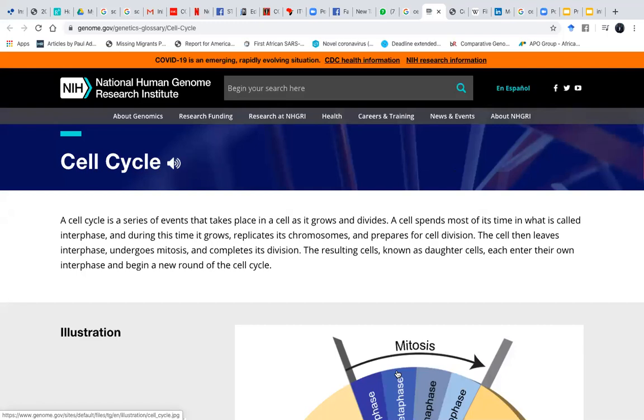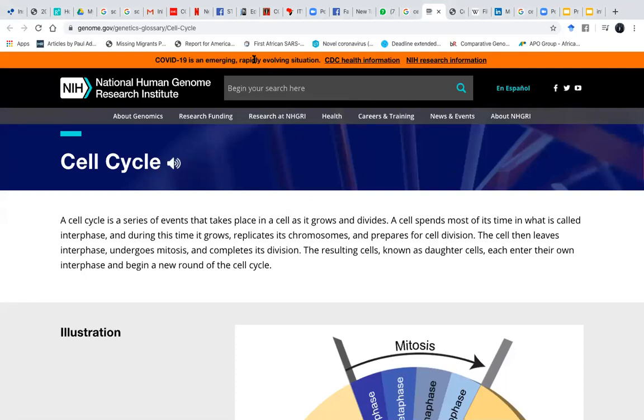What happens during interphase is that the chromosome is replicating, the cell is growing, and it is being packaged for cell division. So chromosomal replication and cell growth are the hallmarks of interphase. That is something I wanted you to quickly grab at the back of your mind.